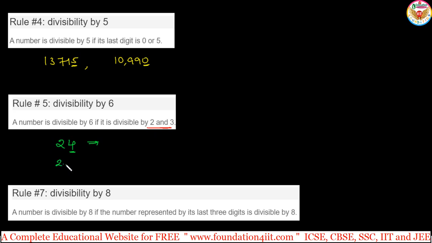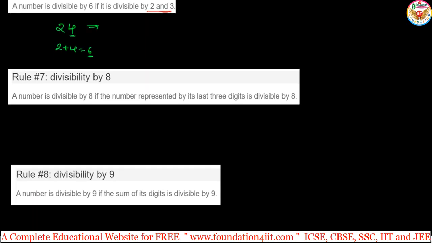According to the rule for 3, 2 plus 4 is 6, and 6 is divisible by 3. So 24 is divisible by 2 and 3, so 24 is divisible by 6 also. Both are compulsory. If one is not satisfied, you can't take it.